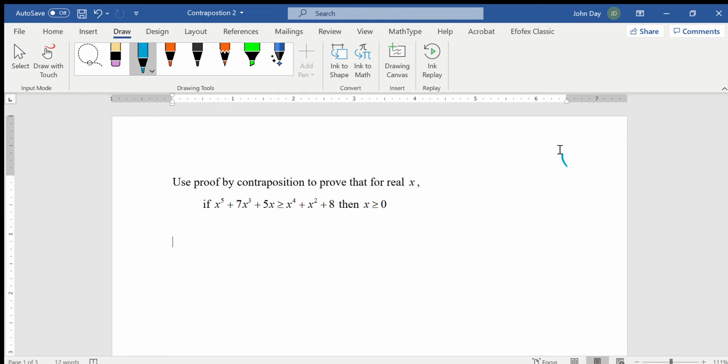So we need to use contraposition to prove this statement. First of all, let's write down the contrapositive.